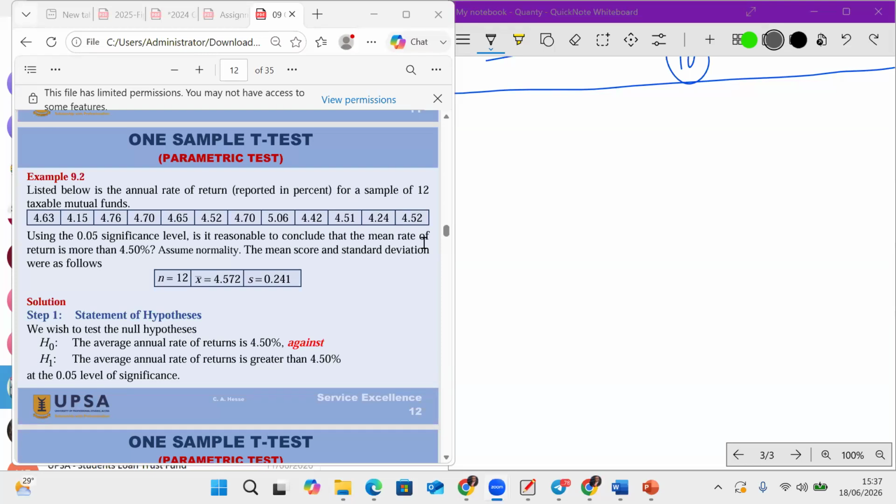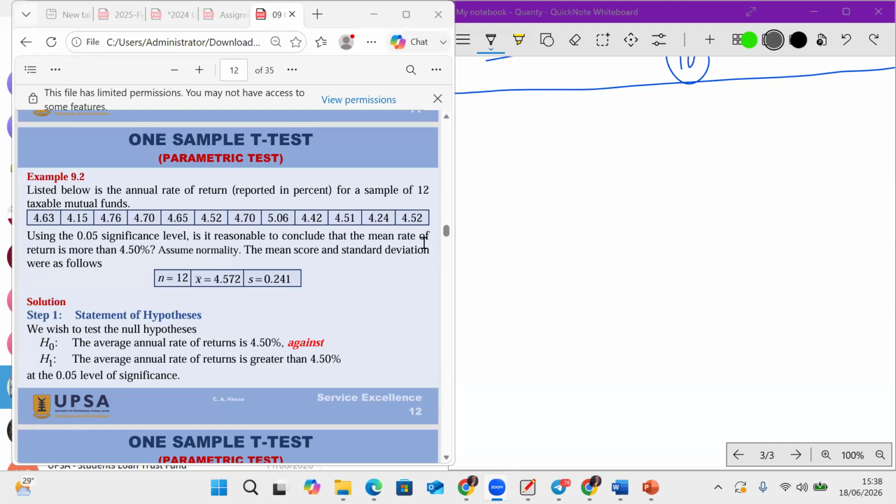Listed below is the annual rate of return, reported in percent, for a sample of 12 taxable mutual funds. And the table is 4.63, 4.15, 4.76, 4.70, 4.65, 4.52, 4.70, 5.06, 4.42, 4.51, 4.24, and 4.52.